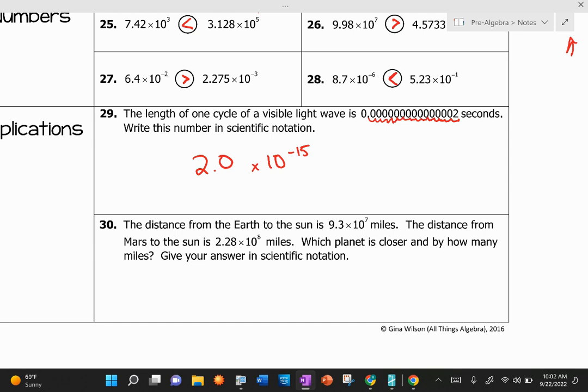You're going to have to write out these numbers. What kind of a problem is this? Is it addition, subtraction? Yeah, it's a subtraction problem. It says the distance from the Earth to the Sun is 9.3 times 10 to the 7th power miles. The distance from Mars to the Sun is 2.28 times 10 to the 8th power miles. Which planet is closer and by how many miles?